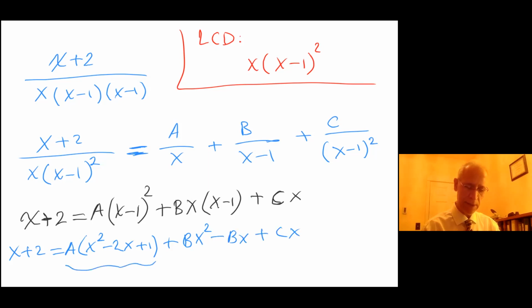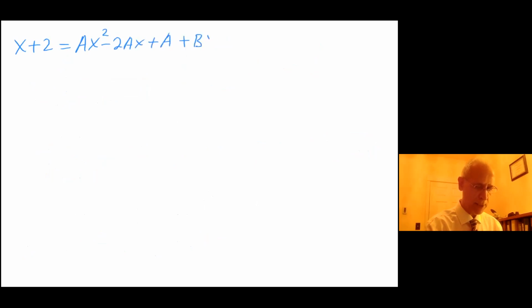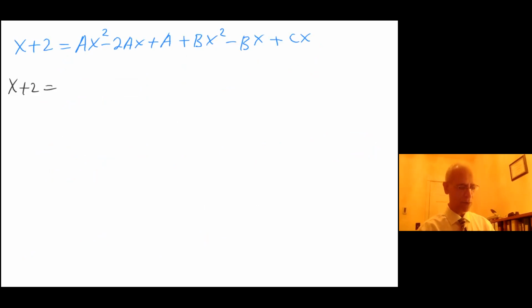Now let's continue with this, going to the next page. So I'm going to have now x plus 2 equals, multiplying A gives me Ax to the second minus 2Ax plus A, plus Bx to the second minus Bx plus Cx. And now how can I organize this? X plus 2 equals. I'm going to organize the x squared together.